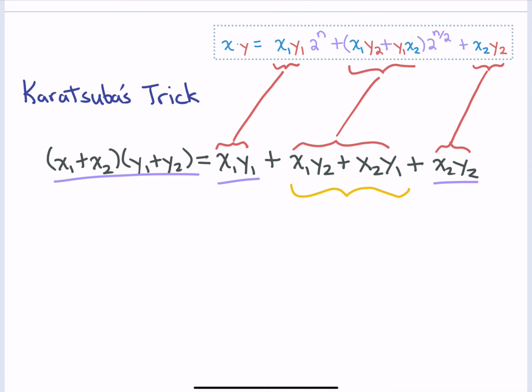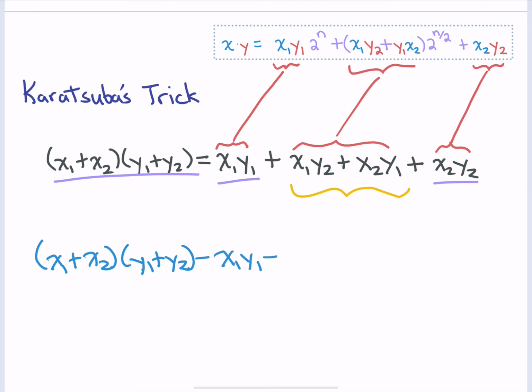Now I can just subtract: x1 plus x2 times y1 plus y2 minus x1 y1 minus x2 y2 will give us that term.